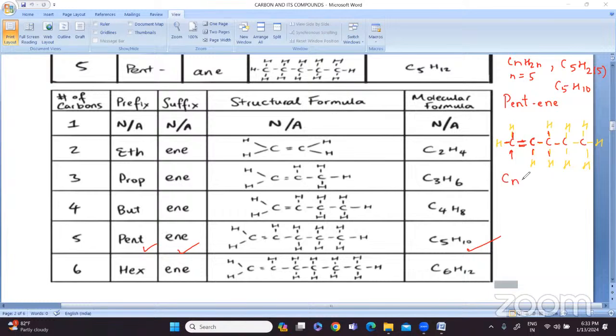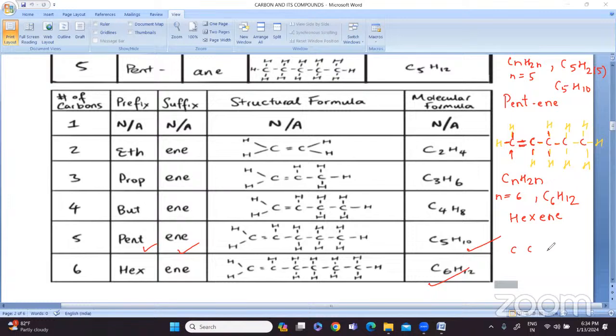Now next is CnH2n when n equals 6. It goes the same way. This n is not restricted to only 5 or 6 carbons; it depends upon the number of carbon atoms, so you can write it up to 20 also. The names are given up to 10. When n equals 6, it will be C6H12. The name has the prefix hex- and ends with -ene, so hexene.